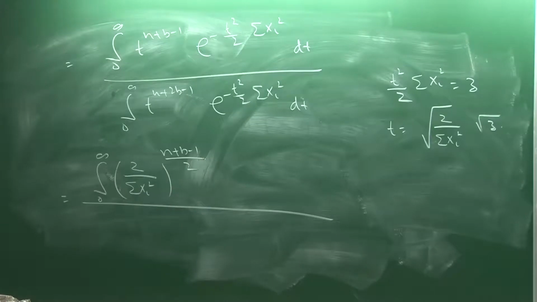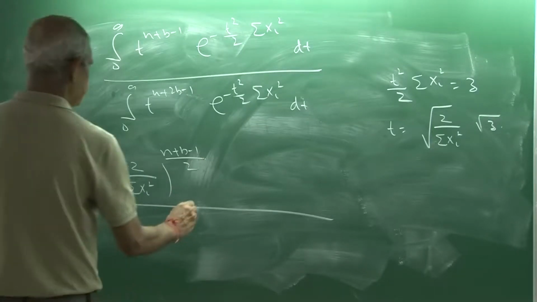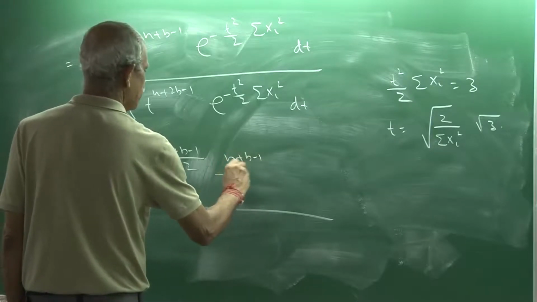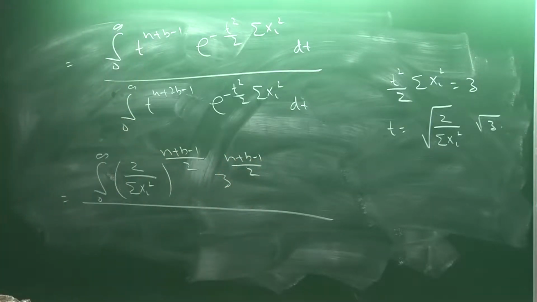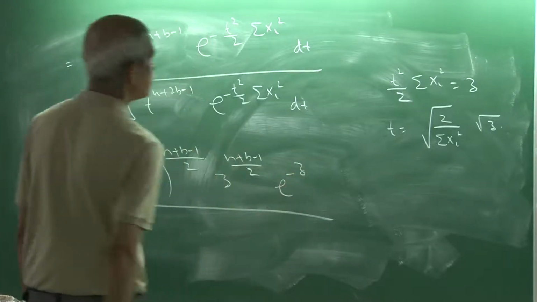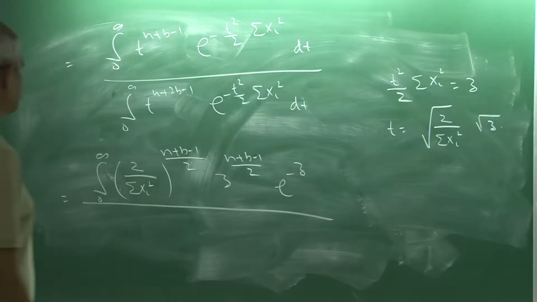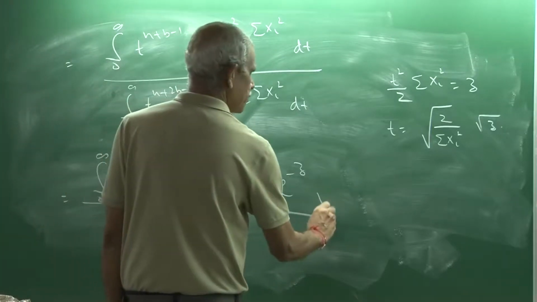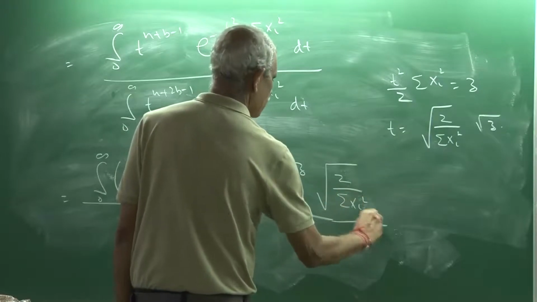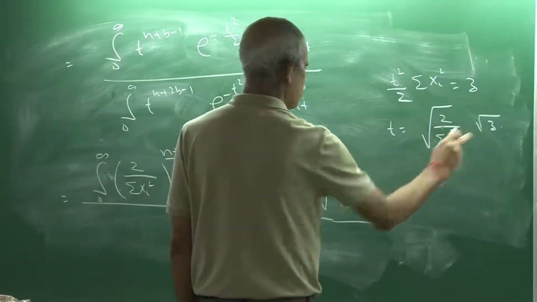n plus b minus 1 by 2, z to the power n plus b minus 1 by 2. All that becomes e to the power minus z. The Jacobian becomes square root of 2 by summation xi square. What is the dt? dt is this times 1 by 2 root z.